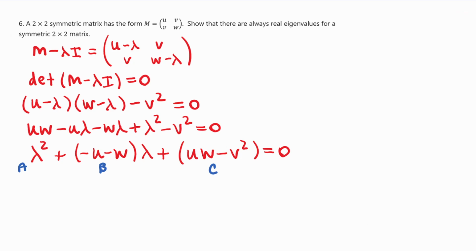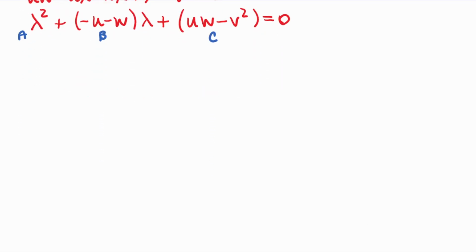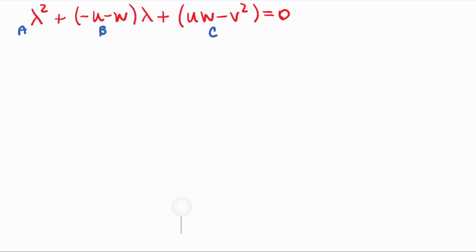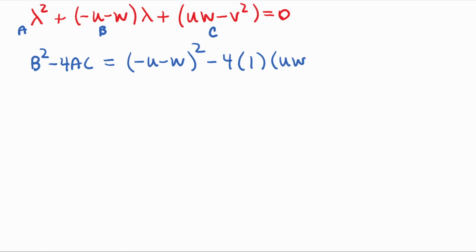So I'm going to be interested in b squared minus 4ac. So negative u minus w squared minus 4 times 1 times uw minus v squared. And we're going to be interested in if this is a positive or a negative number.